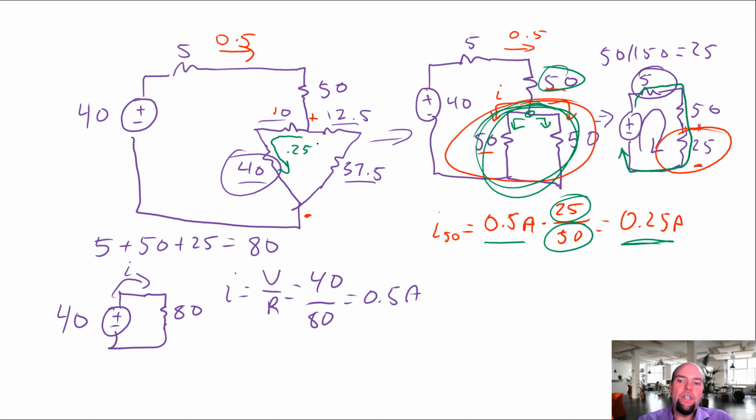So the voltage across the 40, by Ohm's law, is I times R, which is 0.25 times 40, which is 10 volts.